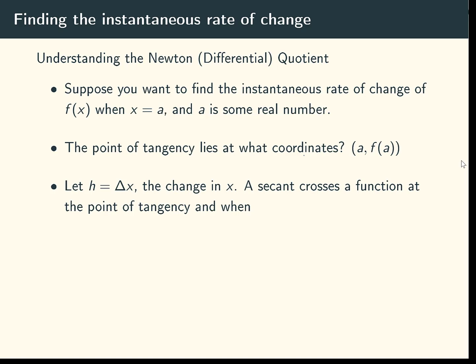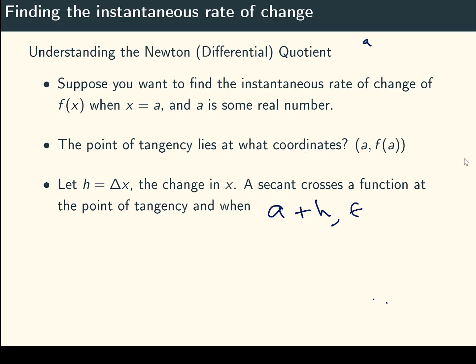Well, the x-coordinate, we're going to start with our initial point a, and we're going to add the change in x, h. And the y-coordinate is just going to be the function computed at the x-coordinate.